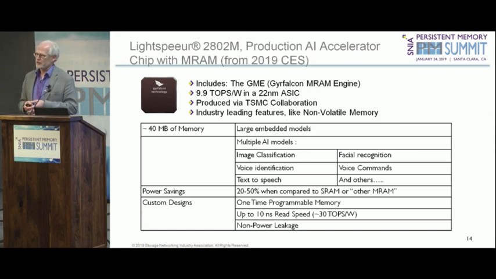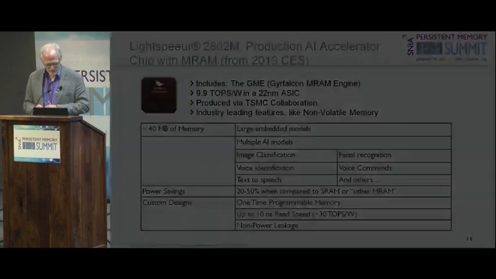They substituted MRAM because it took up less space than SRAM, so they're able to get more memory on the chip for a given die size. They have something like 40 megabytes of MRAM on this chip. This actually came out of TSMC, and they were demonstrating it at CES with plans of shipping products this year. So it's an example of using these new memories for AI applications, which I thought was very interesting.